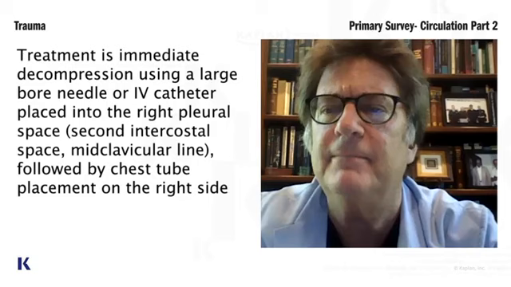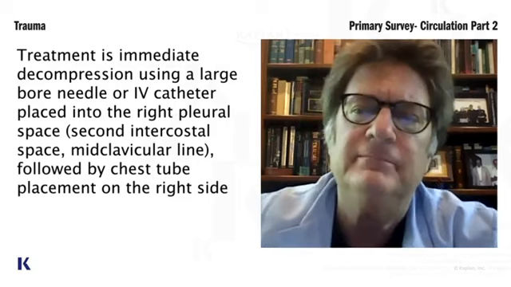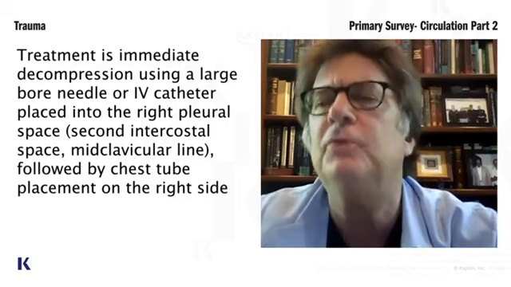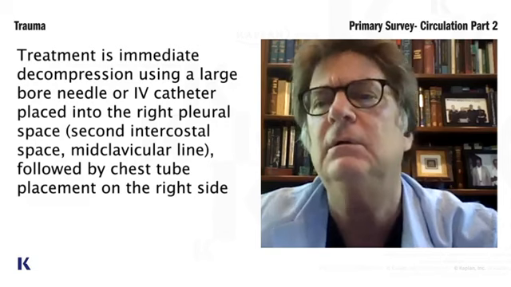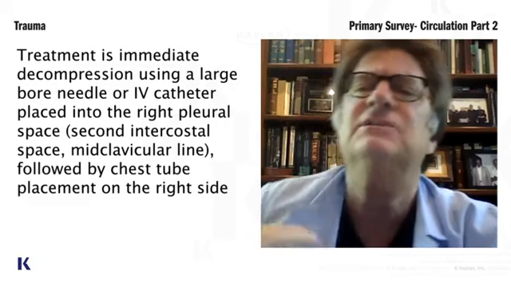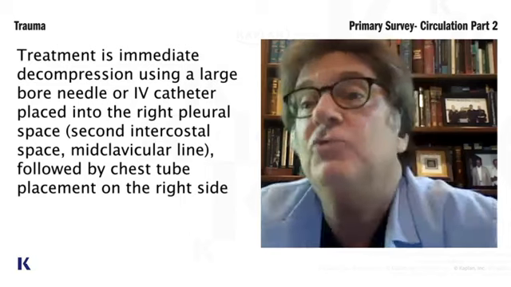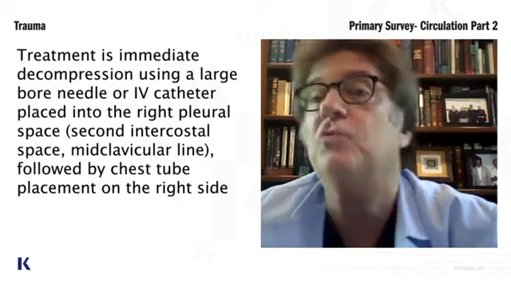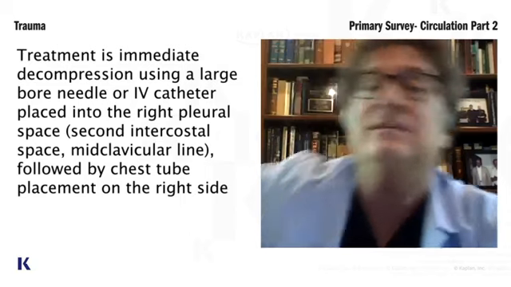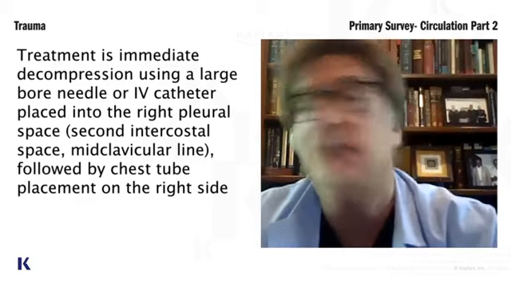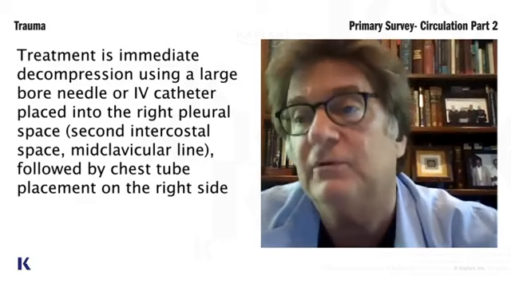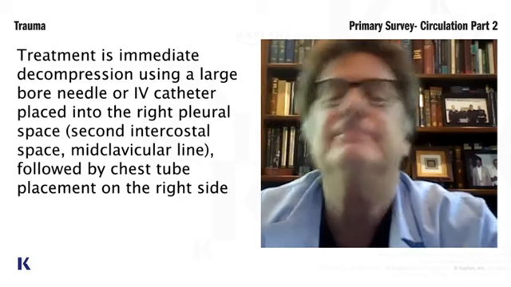Now, you may ask me, why do you put the needle into the second intercostal space as opposed to putting the needle first where you are going to put a chest tube on the side in the fifth intercostal space? I mean, why make two holes? Good question, right?